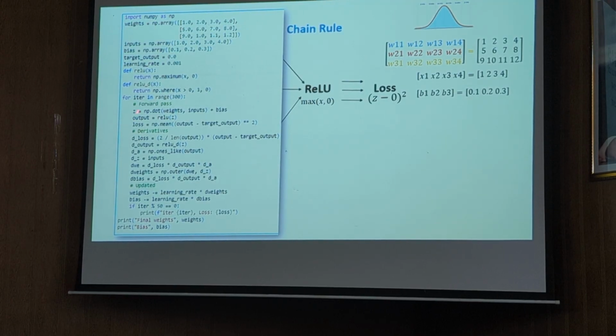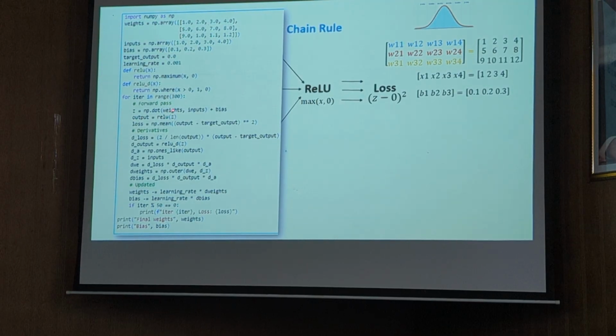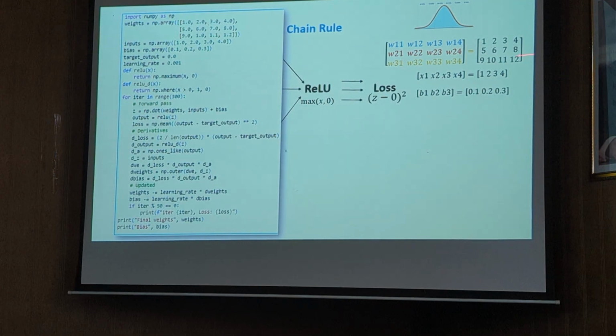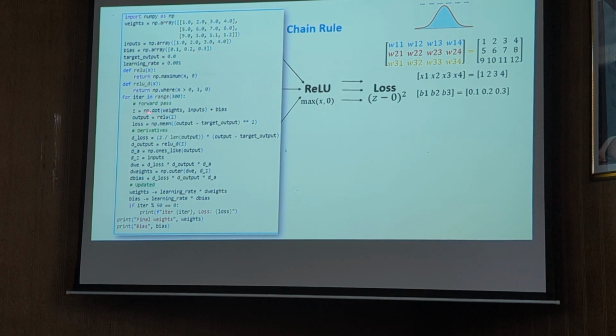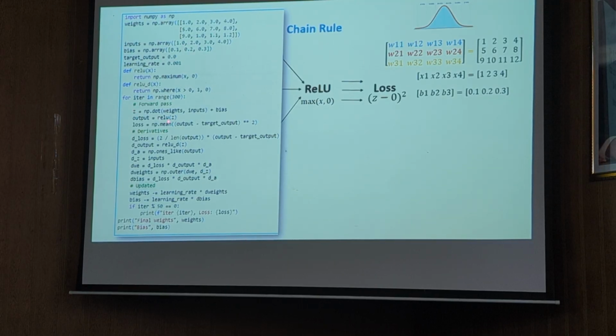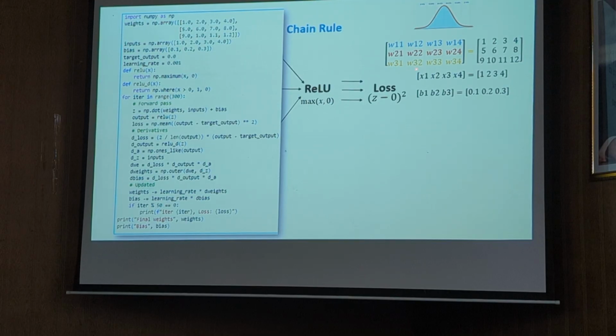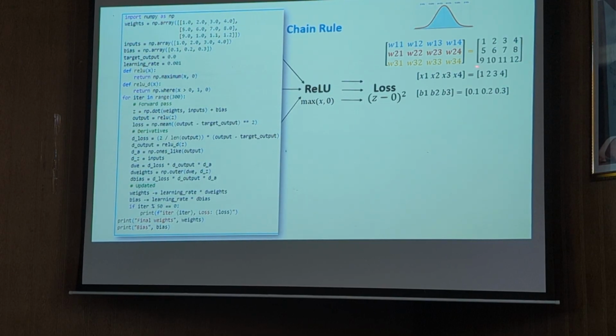So this is the forward pass: you multiply the weights with the input, and it is stored in the variable z. Then that z is passed through ReLU, and you have the output. Now this is not a single number. The weight is a matrix whose order is 3 by 4, and the input is a vector whose order is 4 by 1.